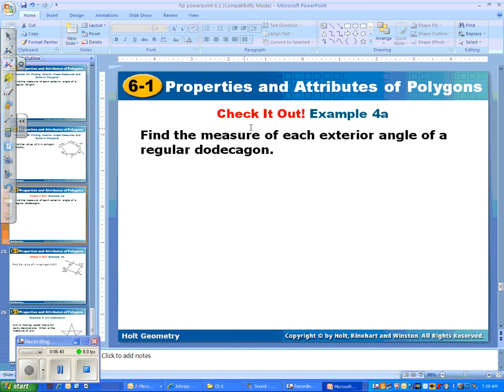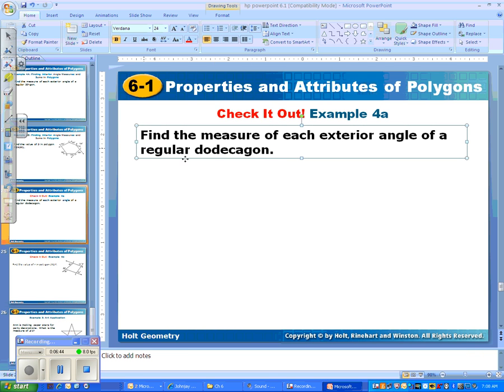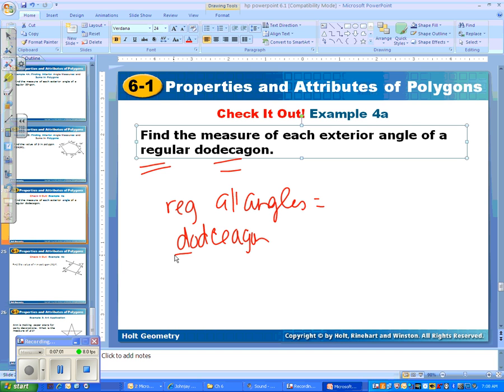So if I give you a question like this, find the measure of each exterior angle of a regular dodecagon. Those important words are regular and dodecagon. Regular means all the angles are the same, and dodecagon means, do means 2, deca means 10, so 2 plus 10, dodecagon has 12 sides.